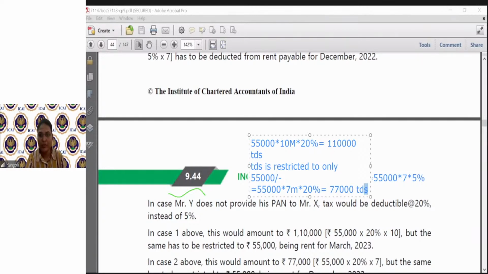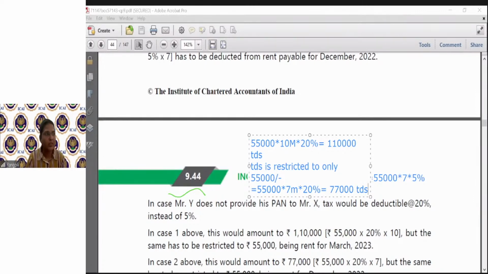What is the provision of 20%? Because Mr. Y has not provided his PAN, Mr. X is required to deduct TDS at the rate of 20%, and the TDS is more than the rent of last month. Therefore, the TDS is required to be deducted only to the amount of last month rent only.